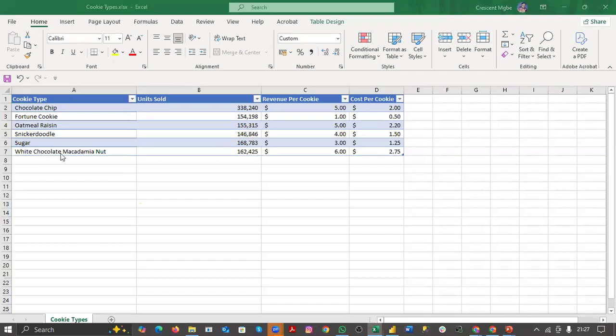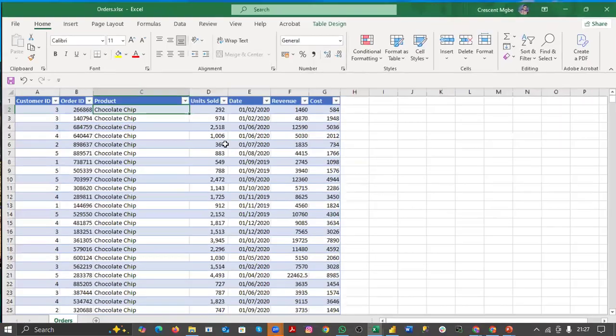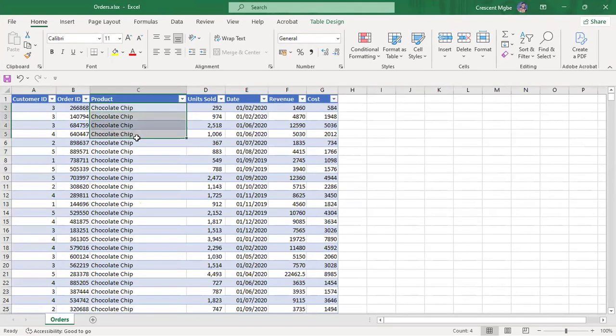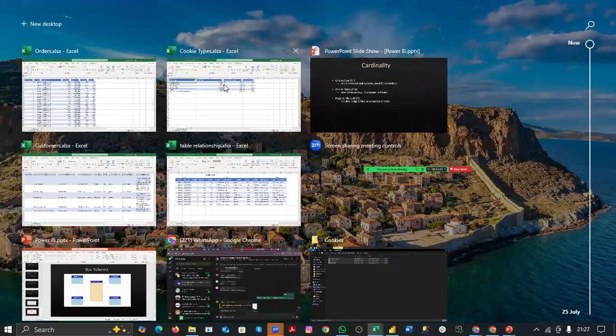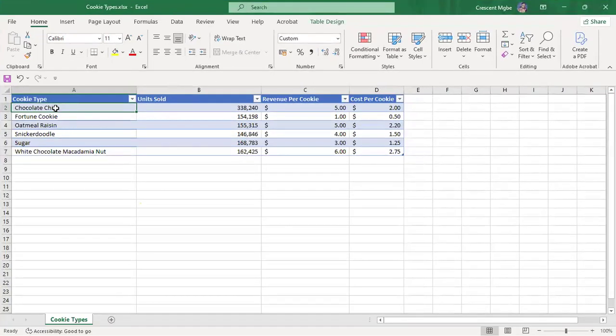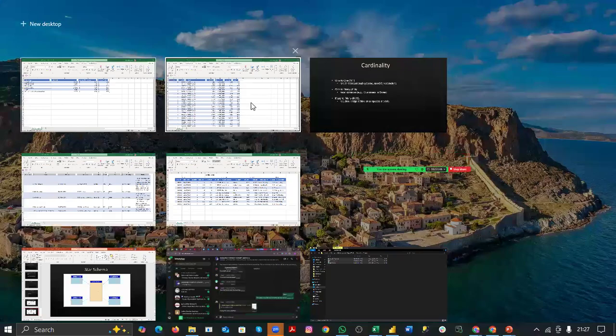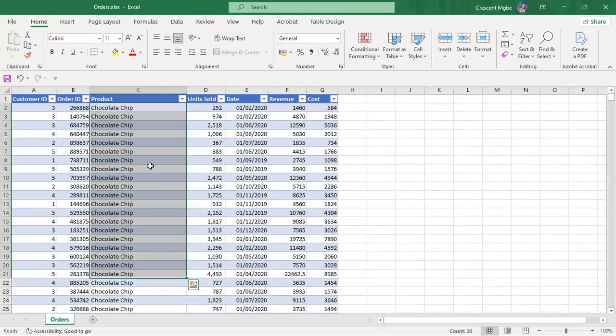But when you come to the other table, you can see that it is many. Chocolate chips is plenty here. So the relationship between this table and the product table is one to many cookies. Only 1 cookie here, but many cookies here. That's the meaning of one to many.